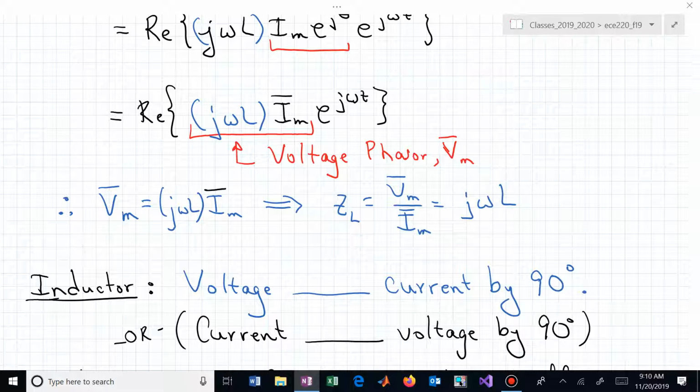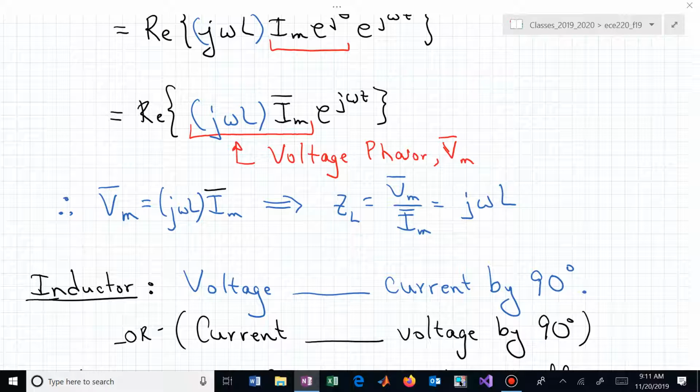So we have a little confusion, not too much. If you look at the right-hand side, that j, what does that j correspond to in terms of an angle? If you needed to say where j is in the complex plane, what's the angle that gets you there? 90 degrees.